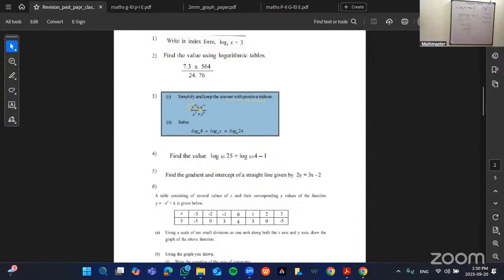Then for the bottom part, x power 2 into x power 0, again the same base x, and when you multiply, you add both powers. 2 plus 0 means 2.